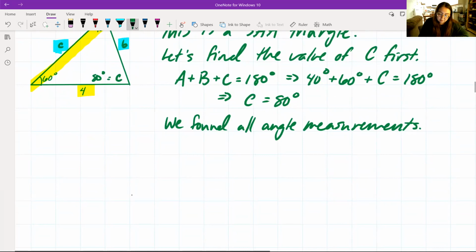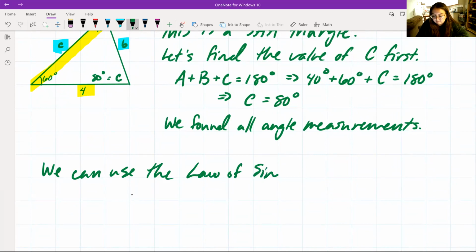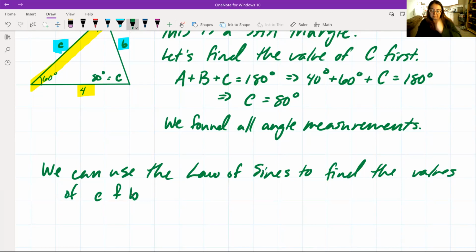We can use the law of sines to find the values of c and b. Since we have all of our angle measurements and we already know what the value of lowercase a is, we can use this twice. In this case, we're going to use two separate equalities to solve for the lengths of c and b.